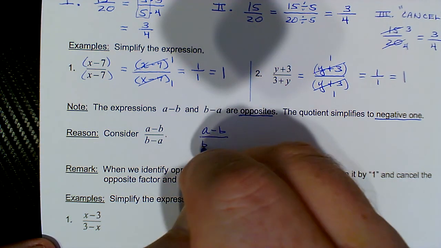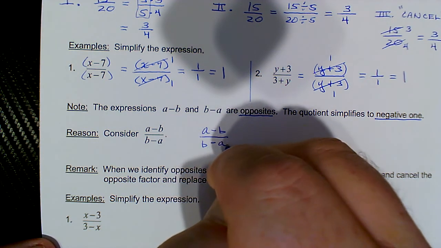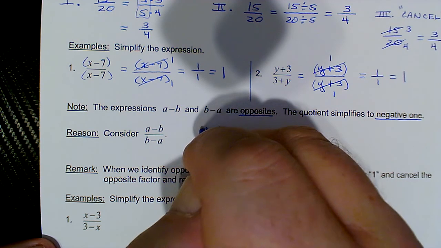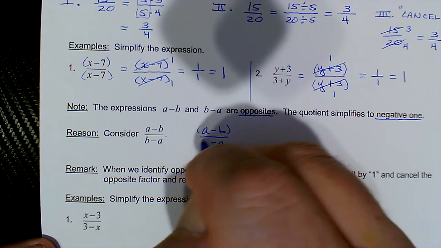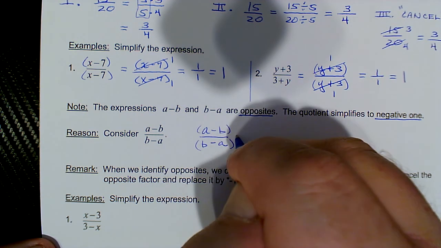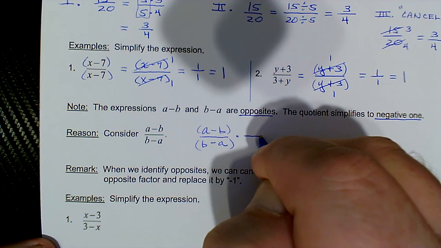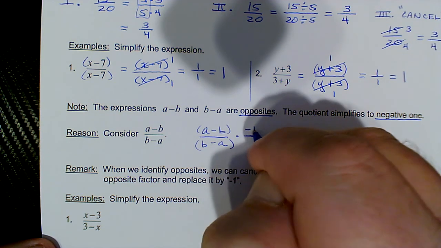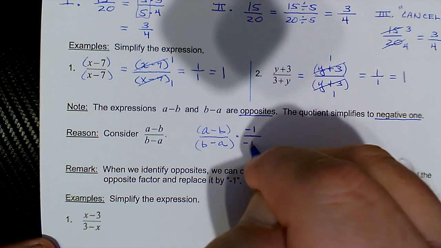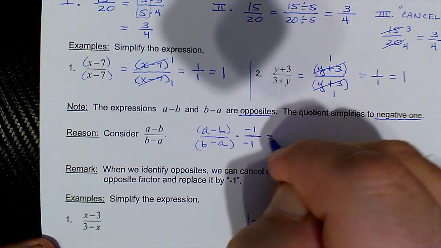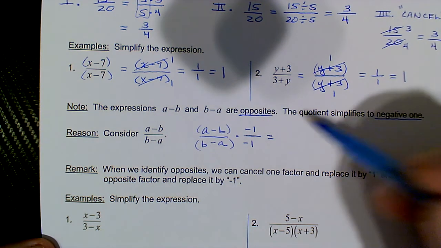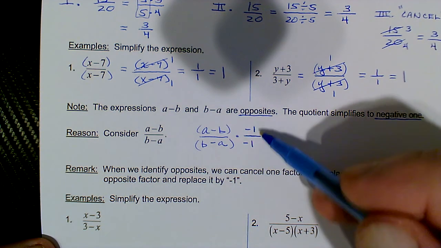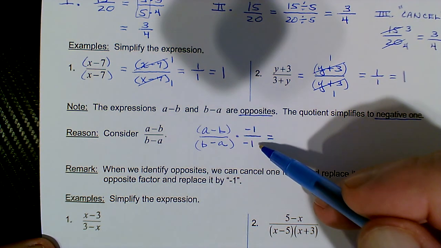and let's say we take both of these and we multiply the numerator and the denominator by a -1, because that's something we do in mathematics quite often, is multiply by an equivalent form of 1. So I'm choosing -1 over -1. Now I'm going to leave the -1 in the numerator.